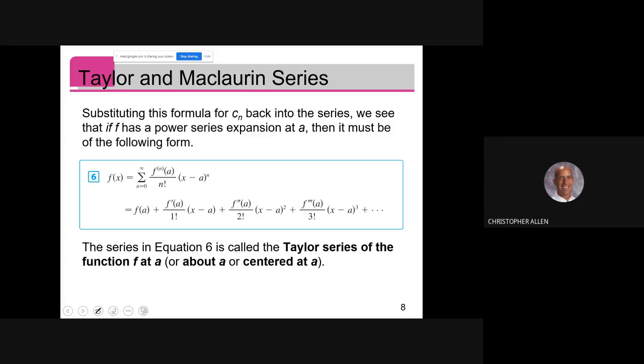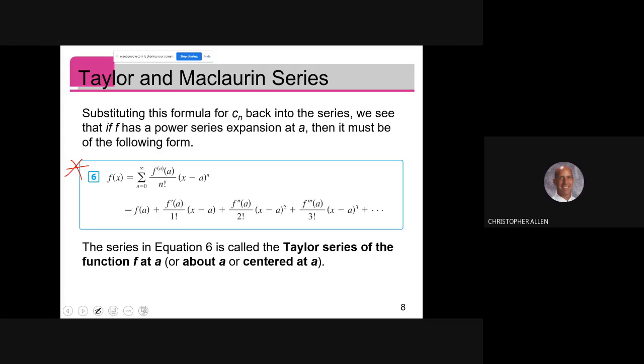When it says at A, is that at any given number? Well, it depends on what the center is. So remember, when we're building these, we have to determine what the center is. But yes, it could be any. Well, in our first example, yes, it could be anything. Okay. This is probably the more important formula for you to know.